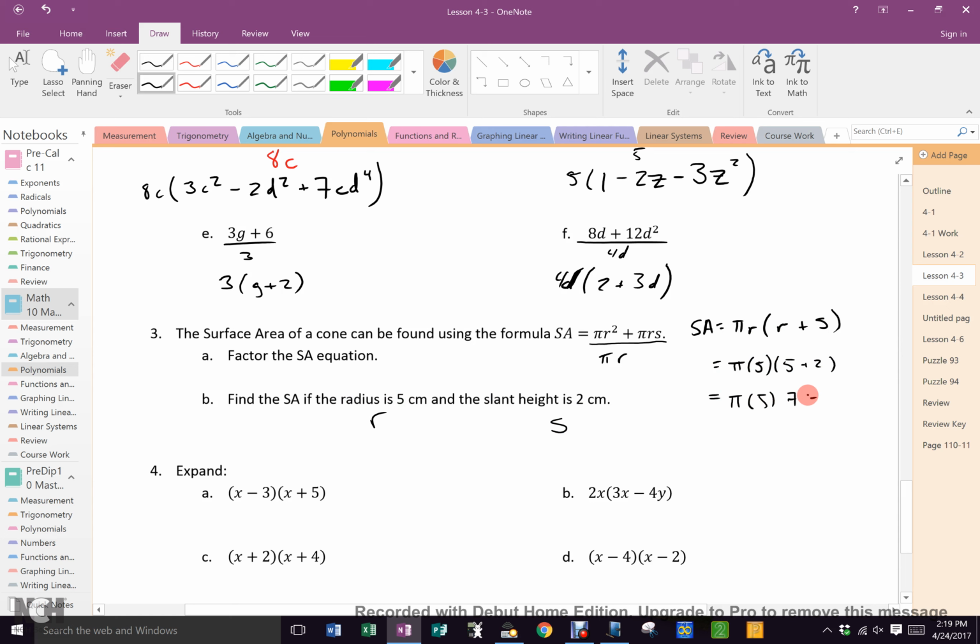What's 7 times 5? 35. So the answer is 35 pies. No, just 35 pi. We're in grade 10 now. We don't need decimals. Decimals are for grade 6s. Good?